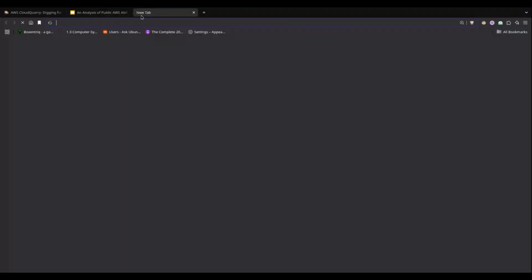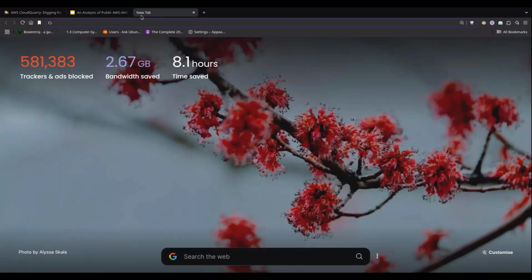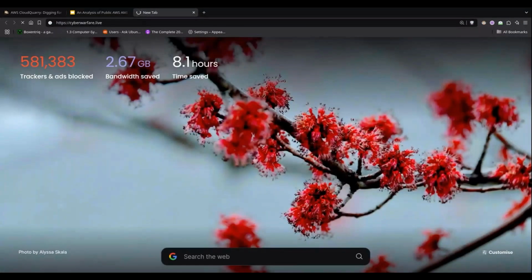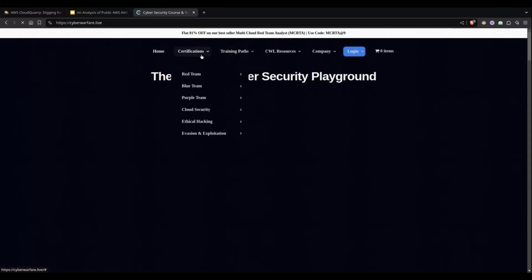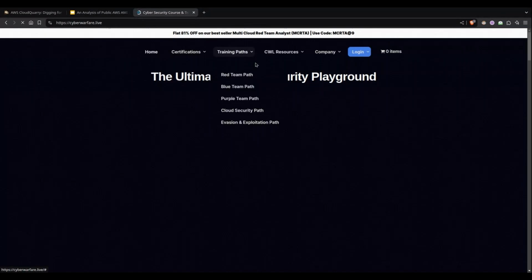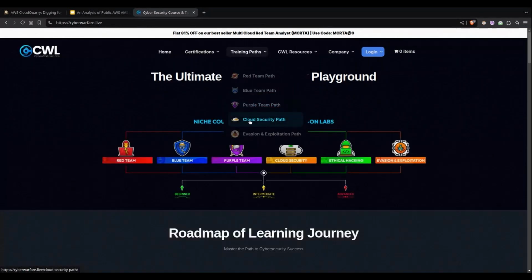I will walk you through the MCRTA course that we're offering on our website. We have an interesting cloud security path here, and I'll walk you through it.